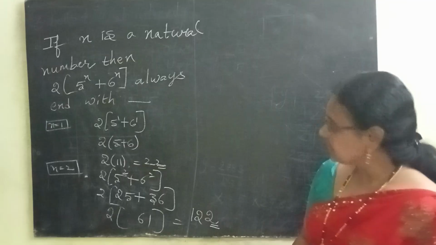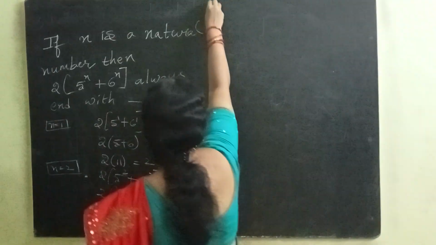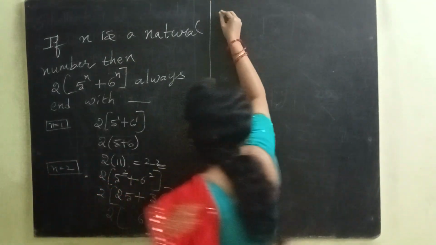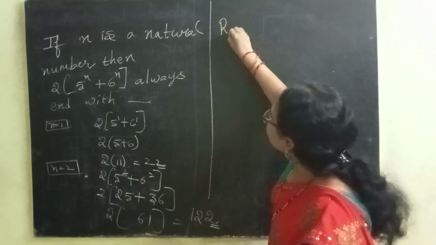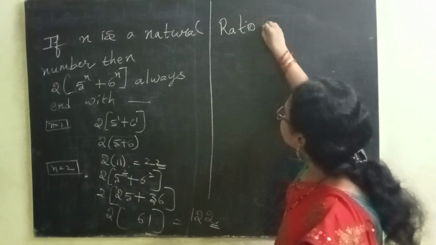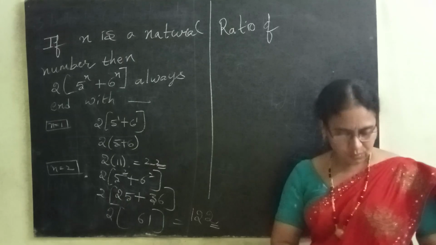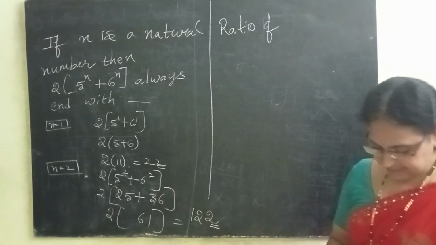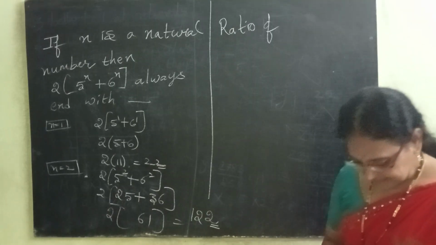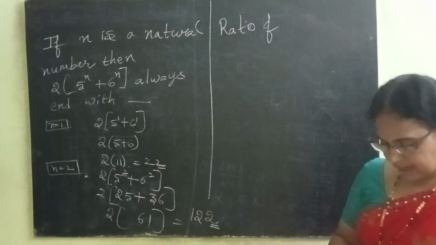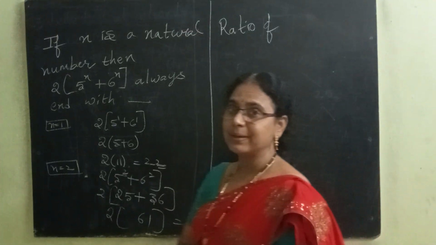The next question is the ratio of HCF and LCM of the least composite number and the least prime number.